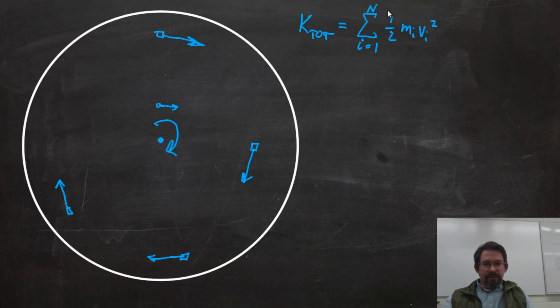Anytime we can make something constant, like this 1/2, we can pull it through this sum and just multiply the sum by the 1/2 at the end. So that's a nice starting point. I can pull that 1/2 out. And now it's the sum from i equals 1 to n of m sub i v sub i squared.